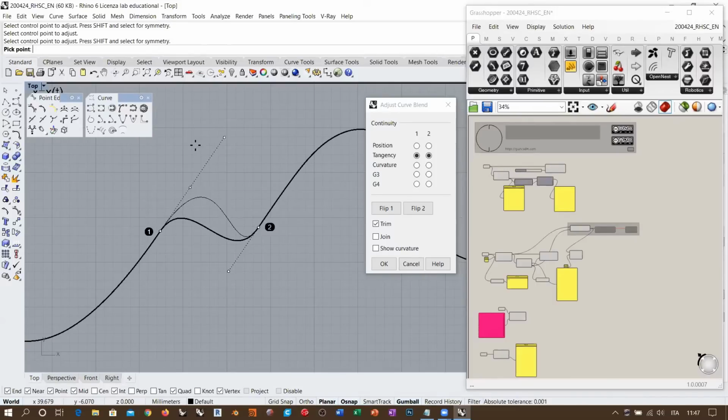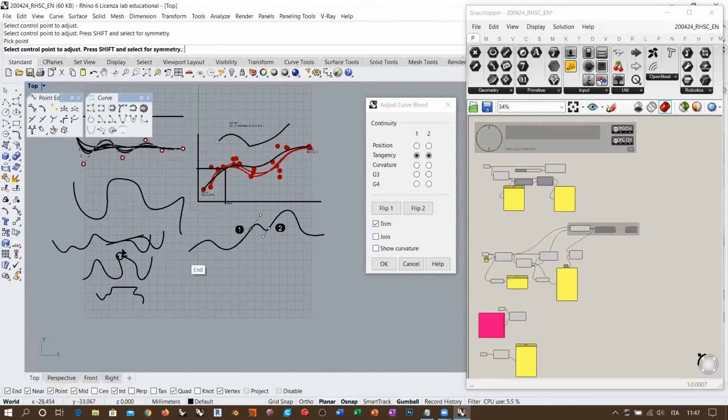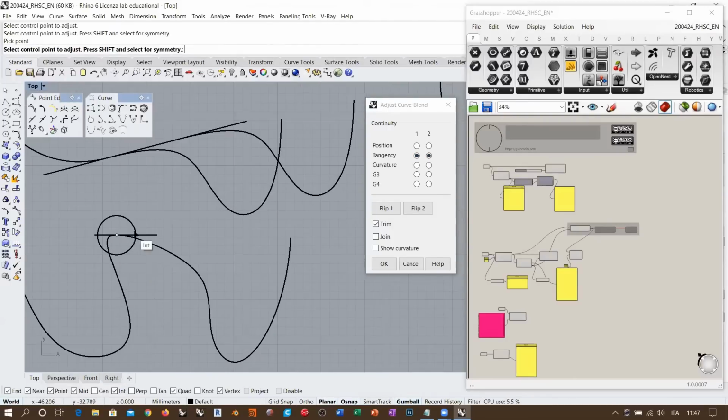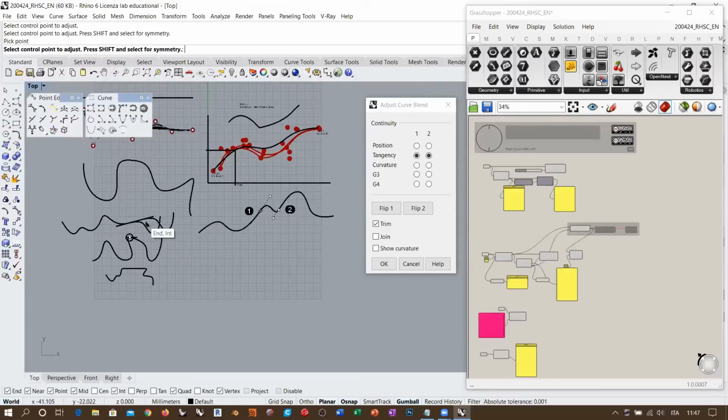But this means that I can create a whole set of different blend curves respecting the topological tangency condition, which is, by the way, something that we already discussed when we were working with all of these examples here, okay?